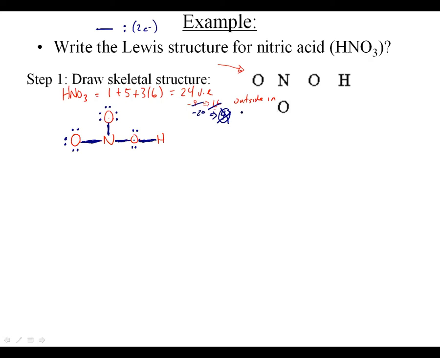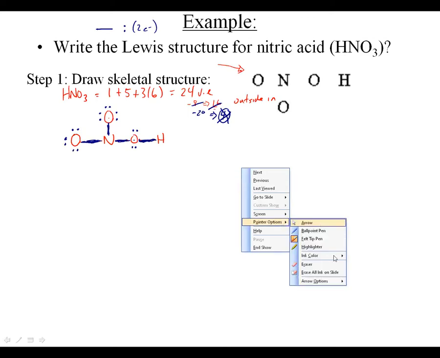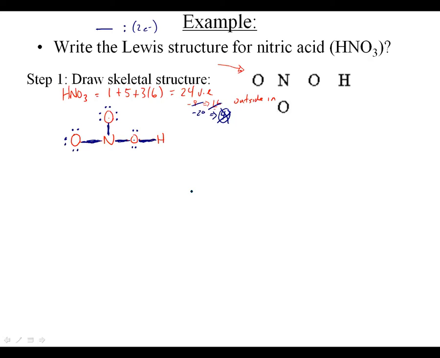Now, once we're done, we do need to make sure that we've distributed all the electrons, which we have. We then want to make sure that everybody meets the octet rule, except for hydrogen, to see if they're okay. So if we look at the hydrogen, it has 2 electrons, so it's all good right there.